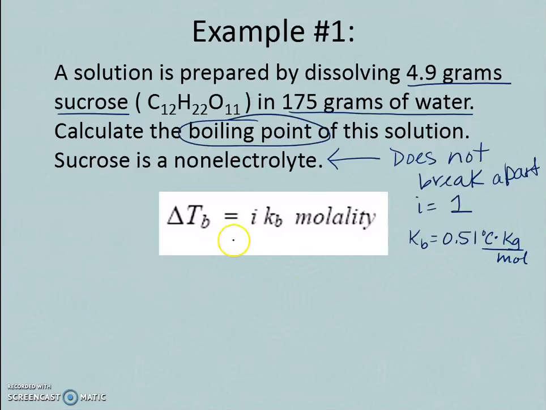We're looking for the boiling point, so we've got to find delta T. For our molality, we have to take 4.9 grams of sucrose and change it from grams to moles. I'm going to run out of time here, so I do apologize. I can finish it in class for you, though. So 342.34 grams per 1 mole will give us 0.01431 moles.